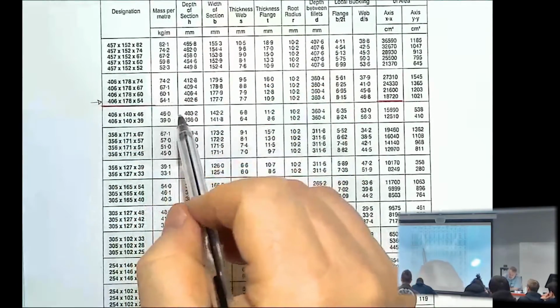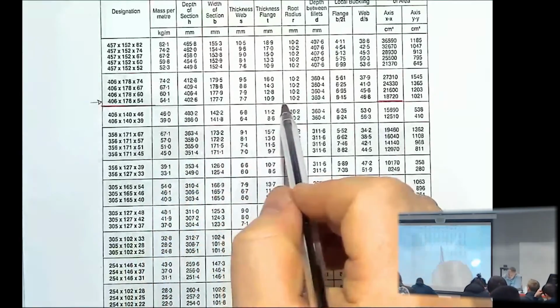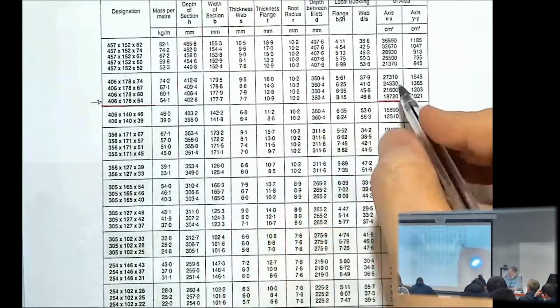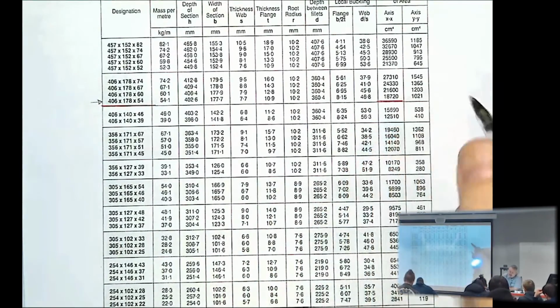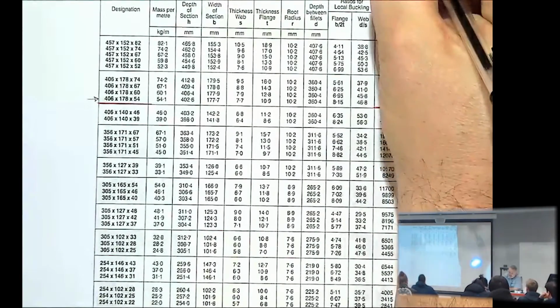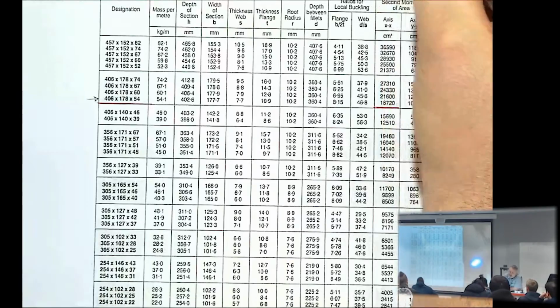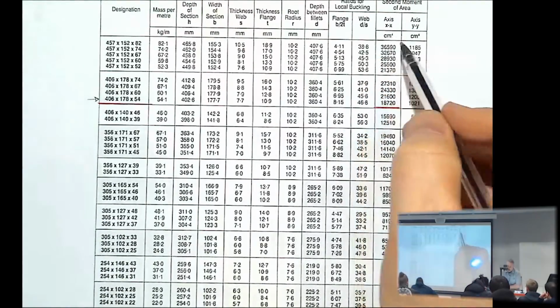We've got mass per metre, depth, width, thickness of the web, go all the way along until we reach our second moment of area. And our load has been applied at the top, so we need to be looking at the second moment of area in the XX axis.